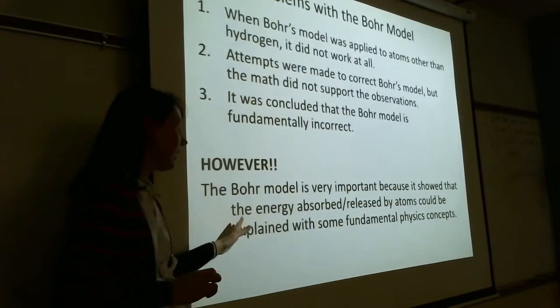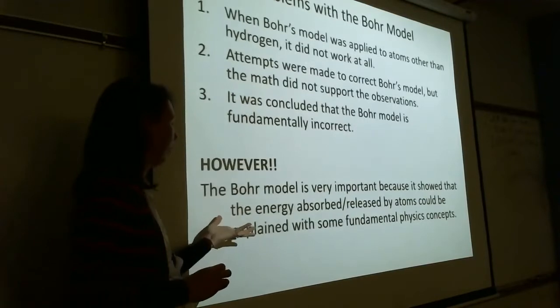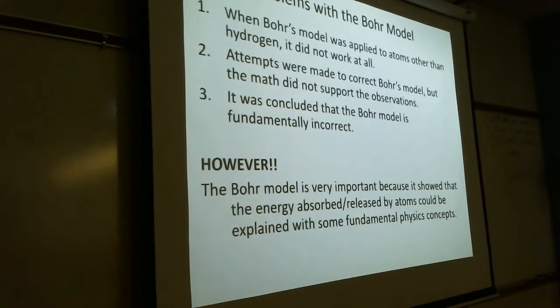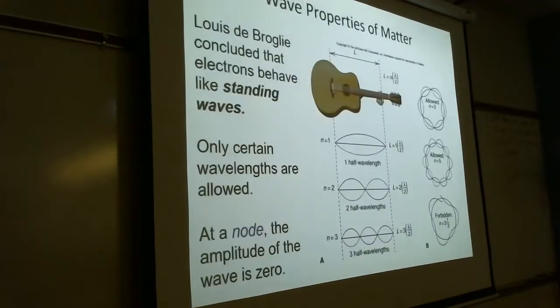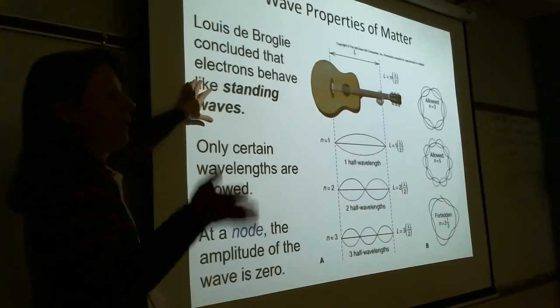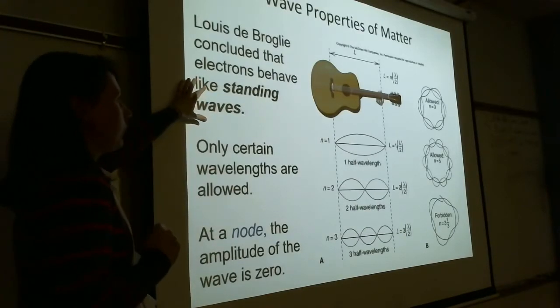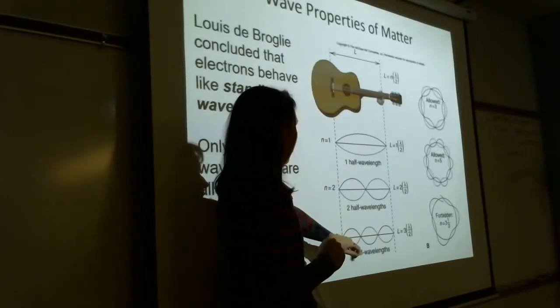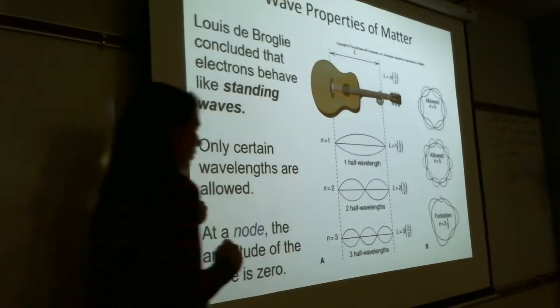But the Bohr model did help us understand a lot of important information about the relationship between energy and matter, right? So Bohr model is not total trash. It's just not the currently accepted model of the atom. And one of the things that helped undo the Bohr model too was the wave property of matter. So de Broglie concluded that electrons behave not just like any wave, they behave like standing waves, which means they have specific frequencies that are allowed, and they have specific wavelengths that are allowed, I should say, right?